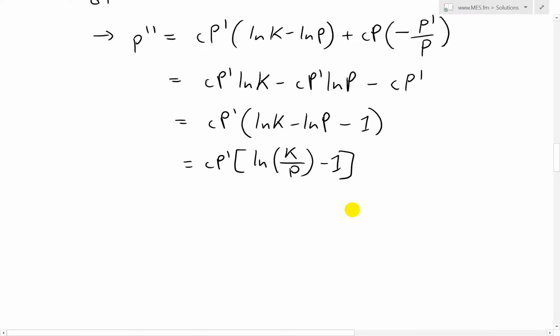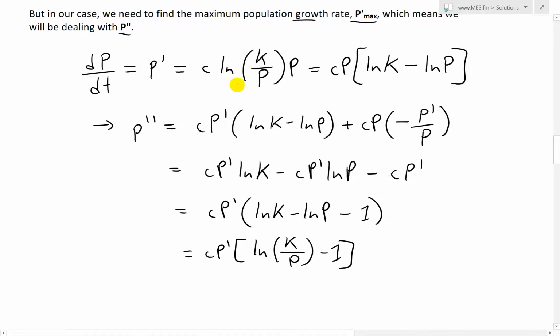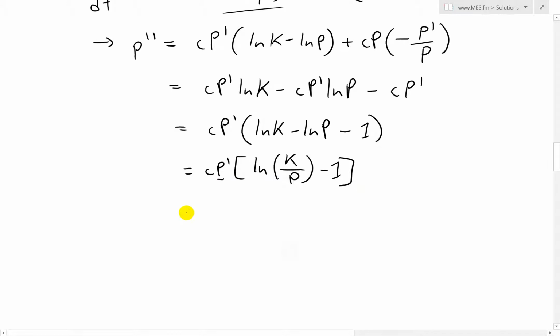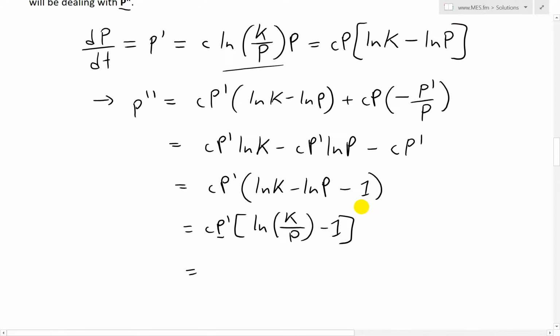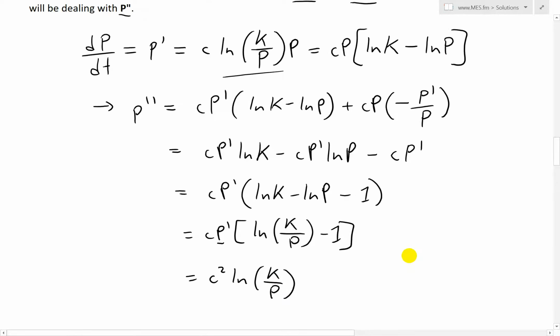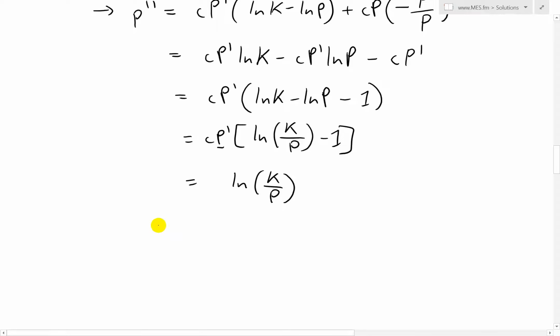So now that we have this, we also know our p prime is just this function, so we can plug that in here. There's a c times c there, so we'll have c squared. So c squared ln(k over p), and then there's a p, I'll just put that p in front to make it simpler, times p, and then this is now ln(k over p) minus 1, like that.